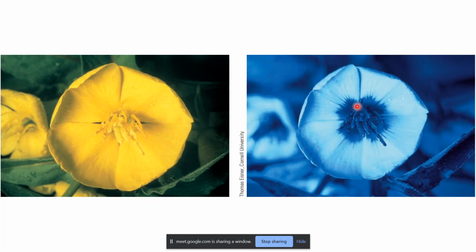So some flowers are adapted to bats and help them to locate them using echolocation. Because bats don't see at night, they use echolocation for orientation.